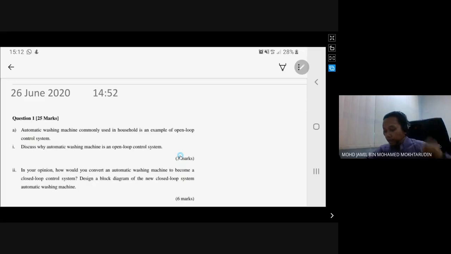So you must have at least these 3 points. Okay. So the first point is you must say that automatic washing machine requires you to give a preset time or preset temperature for the machine to work. And after that, there is no feedback behavior of the system of the washing machine.